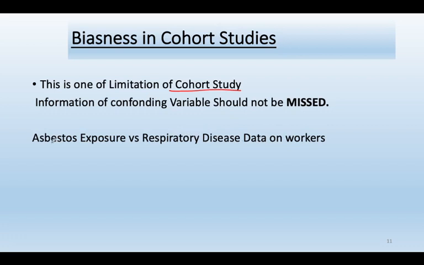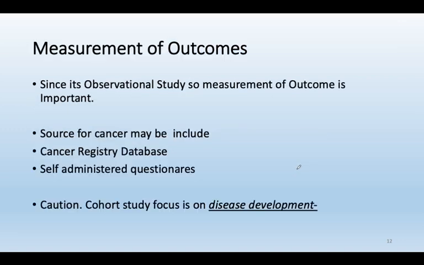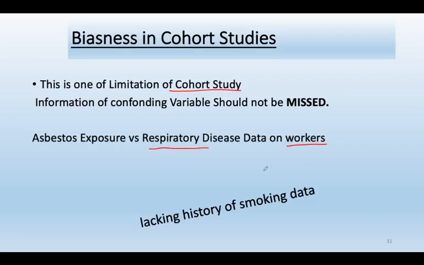So we are comparing whether asbestos exposure increased the risk of respiratory diseases in the workers who are working in that particular industry. The confounding factor, which could be an attributory factor, would be smoking, and it should not be ignored. So, lack of history of smoking data may adversely affect our understanding between exposure and outcome.